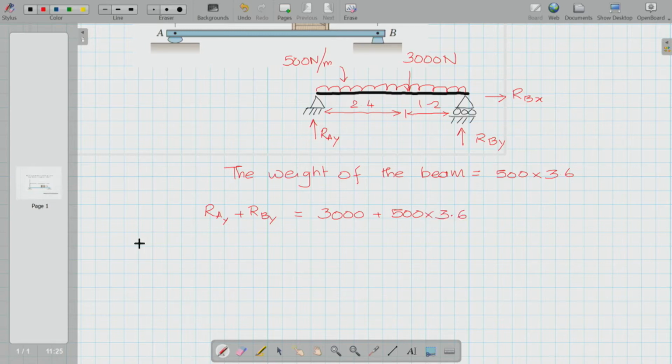The other equation can be developed by taking moments.